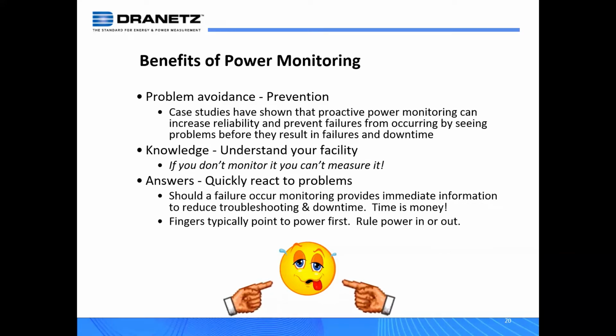So the attitude is that if I'm recording these precursor events and they become more numerous and higher intensity, that's the trigger to investigate why they are happening. That usually leads to the avoidance of a major failure. So problem avoidance is definitely one of the benefits.